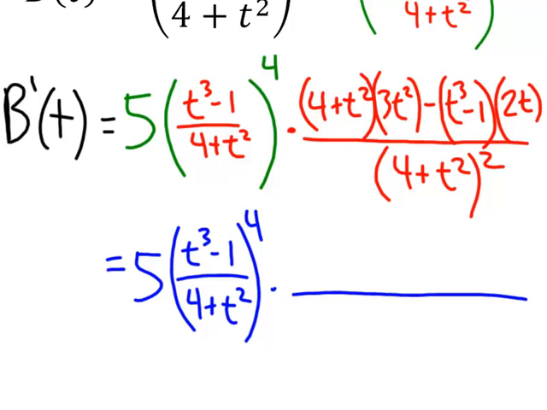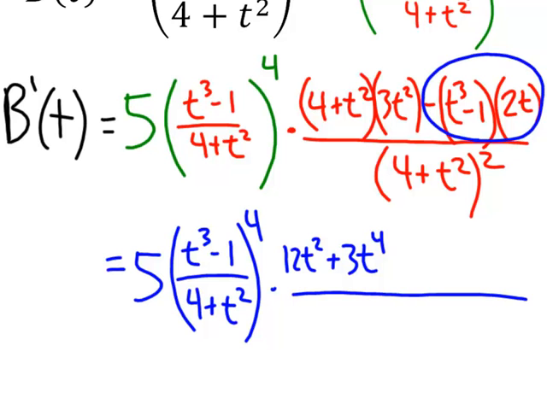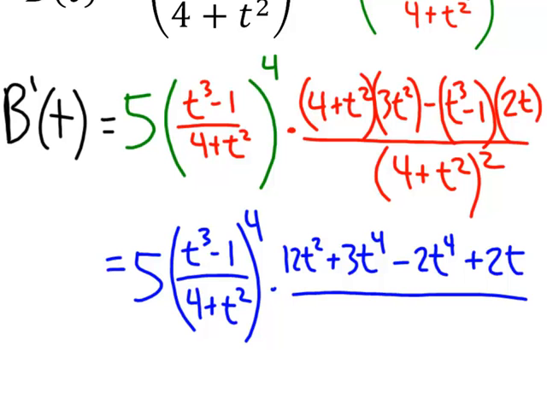All right, so let's distribute everything. 3t squared times this is going to give us 12t squared plus 3t to the 4th. And then minus, taking care to distribute the negative, of course, minus 2t to the 4th plus 2t, all over 4 plus t squared squared.